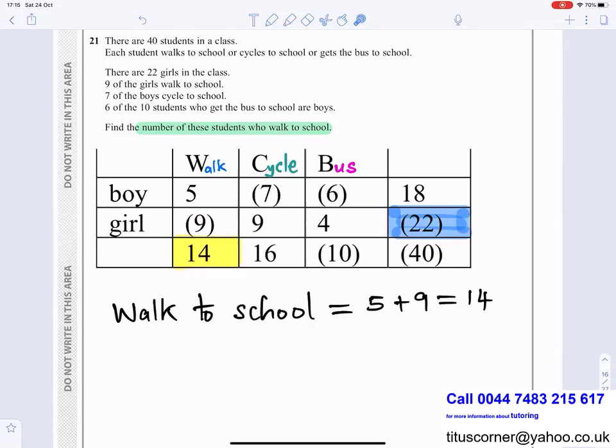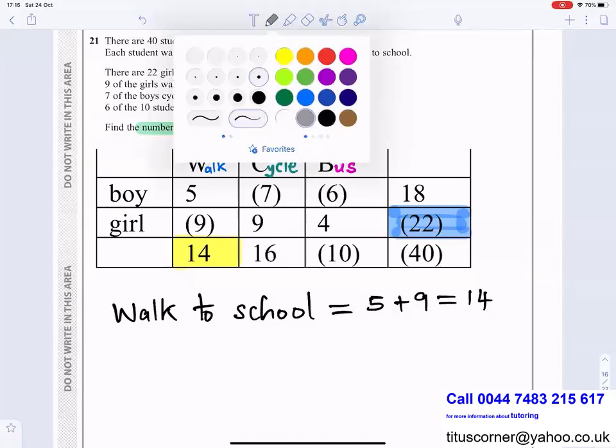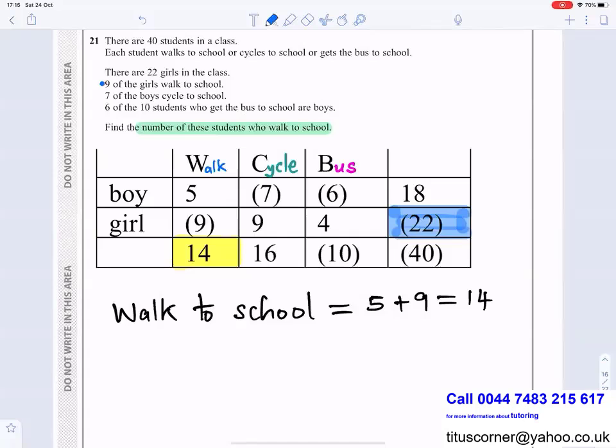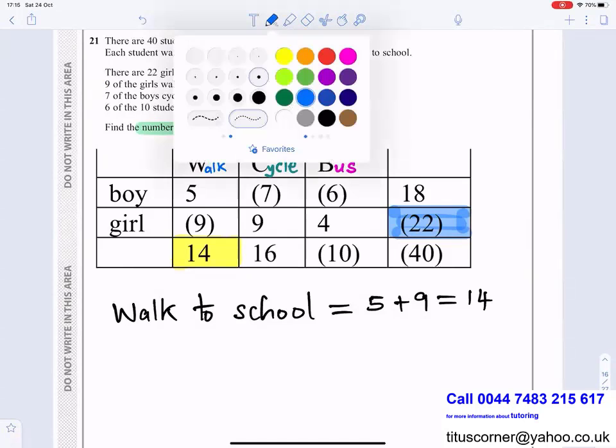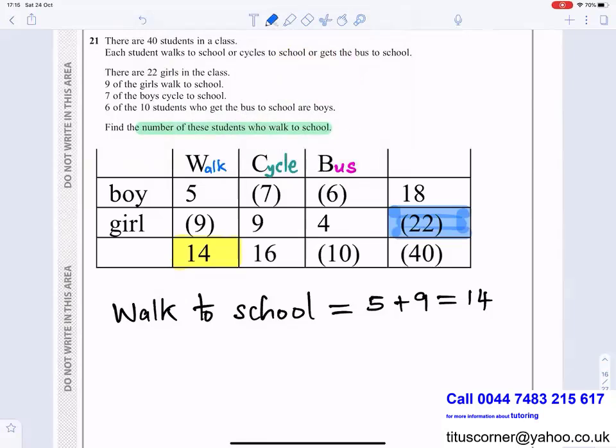Let me put some arrows to help guide you. 7 of the boys cycle to school. And 6 of the 10 students who get the bus to school are boys. So these 6 who get the bus are boys.